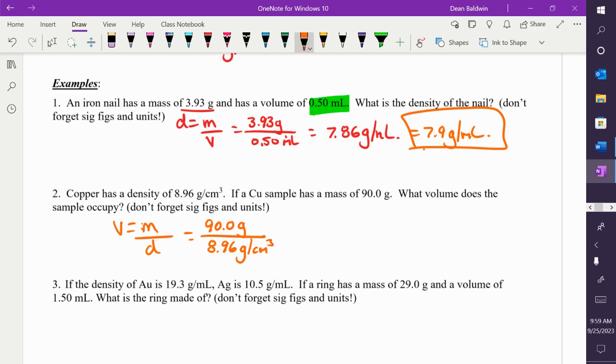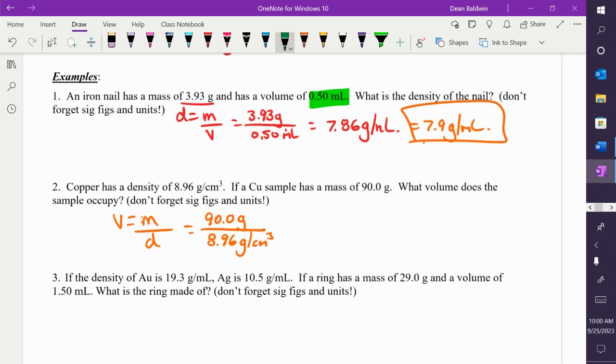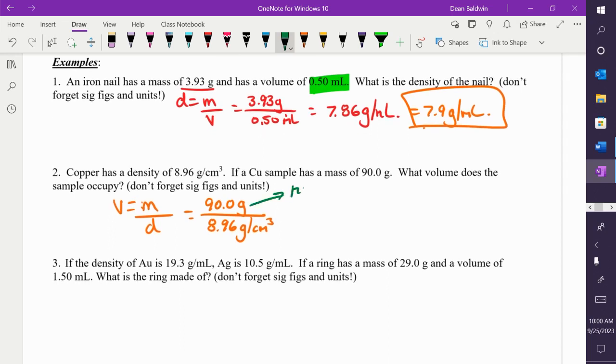Like if I said you have 90 kilograms, you'd have to either convert the kilograms to grams or convert this formula. It'd be easier to convert the kilograms to grams. Okay, so these mass units must be the same before you do this. All right.